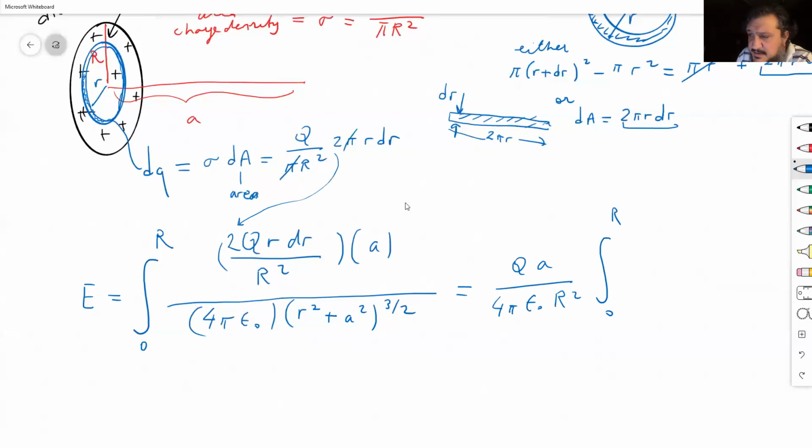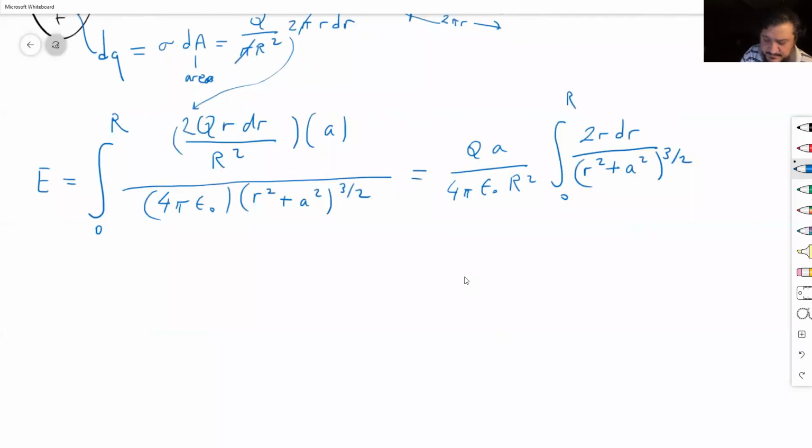So 2r dr divided by (r squared plus a squared) to the power 3/2. Okay, now a simple substitution.